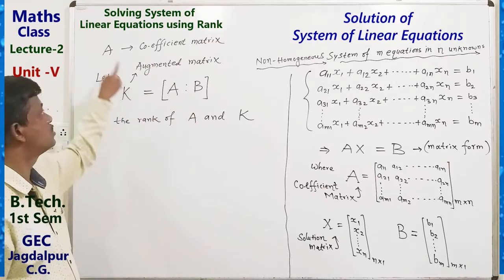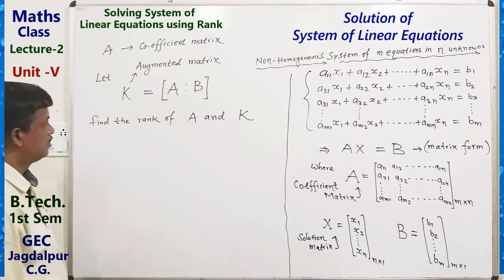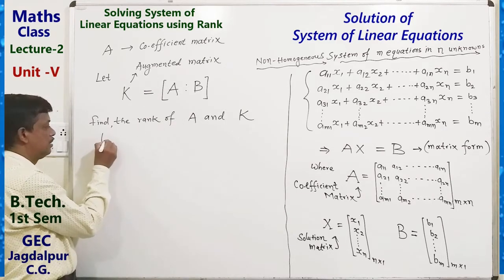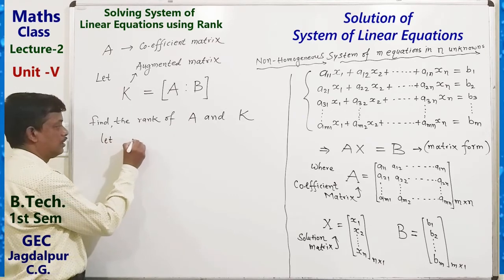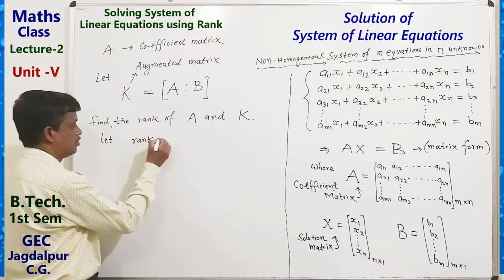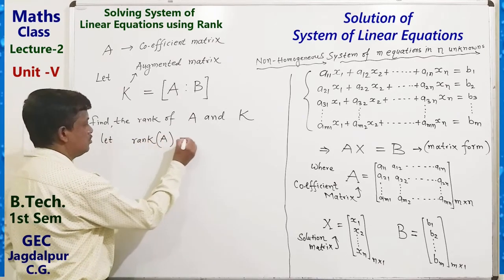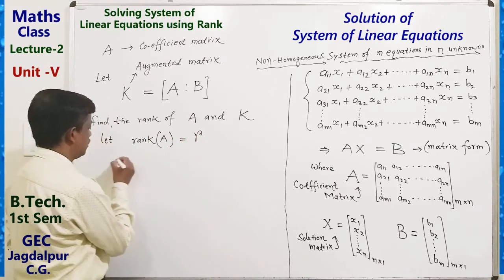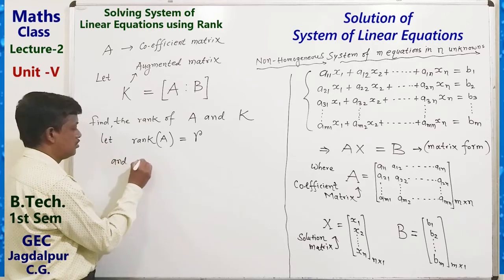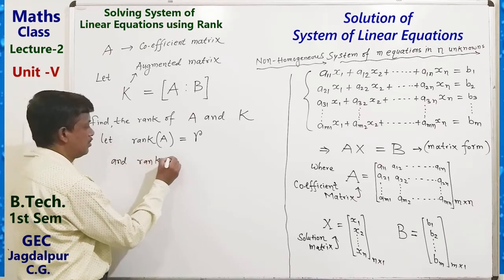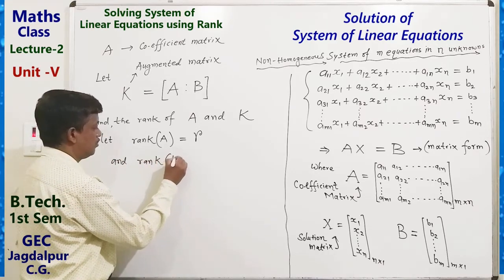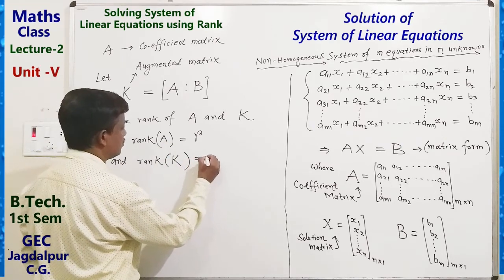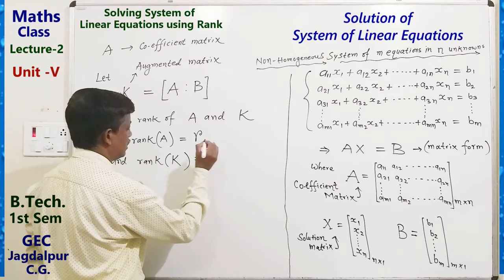K also includes A. Find the rank of these. Let rank of A equal R and rank of K equal R dash.